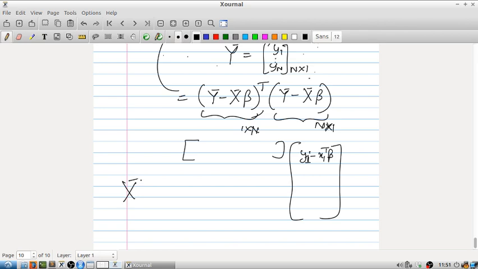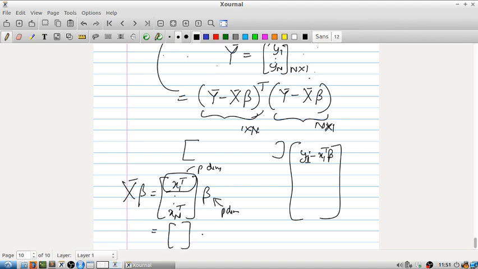If you remember, X beta is the matrix with rows x1 transpose to xn transpose, times beta. Each of these is p-dimensional, and beta is p-dimensional. This will give me a vector which is n times 1 dimensional, where an entry is going to be xi transpose beta.